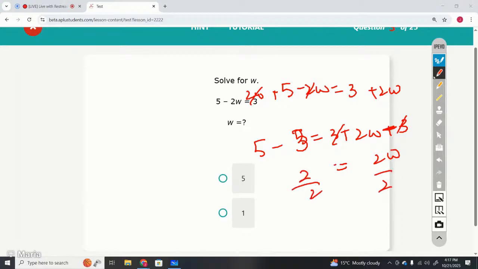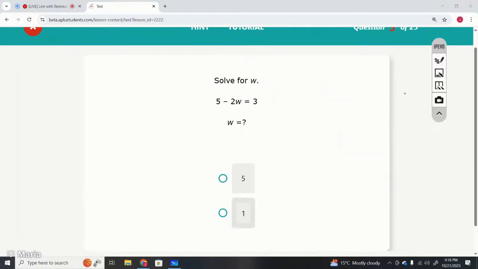Now divide both sides by 2. So w equals 1. Option number 2 is the correct option.